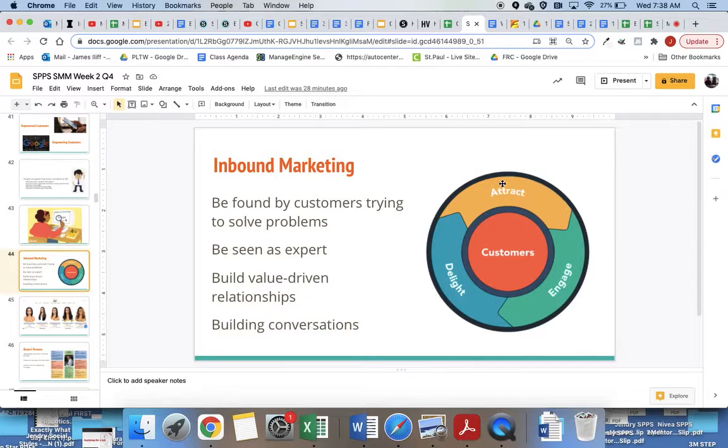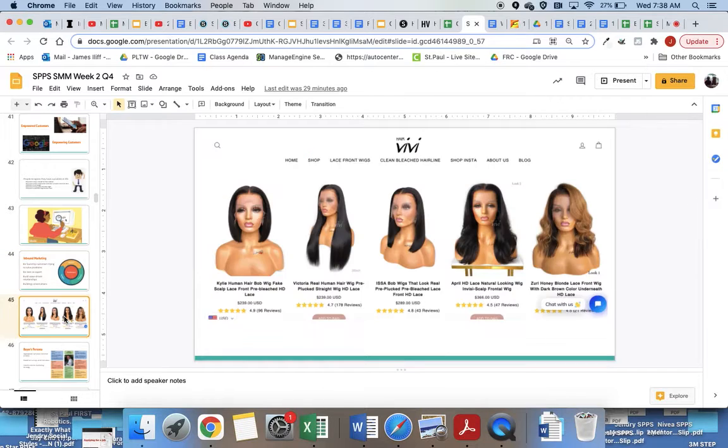And once this gets spinning, they will go out and attract new customers through word of mouth spread. So this is the new model of marketing that a lot of companies are using. So let's go see what this looks like in real life.